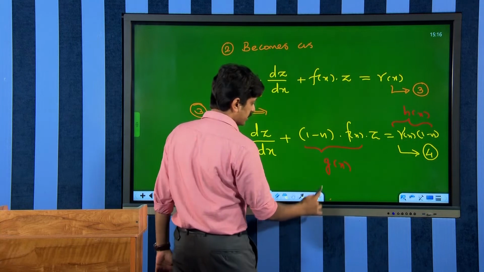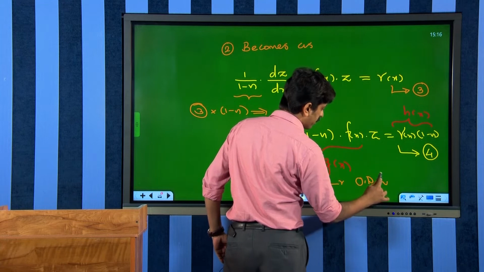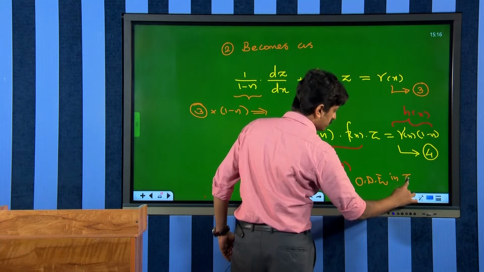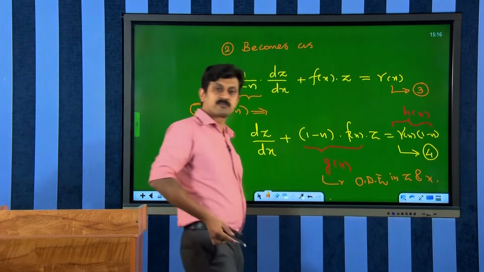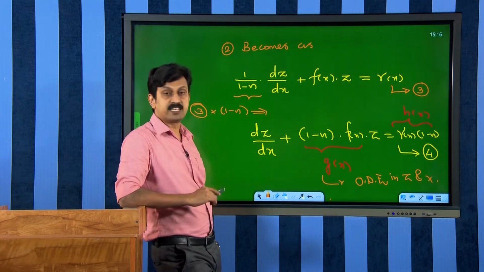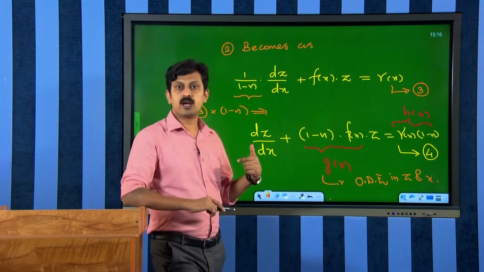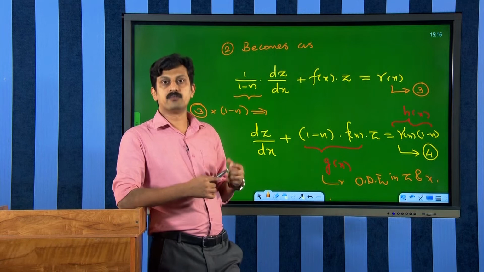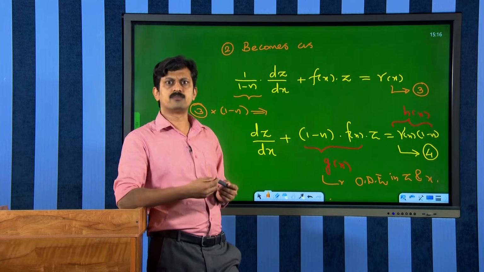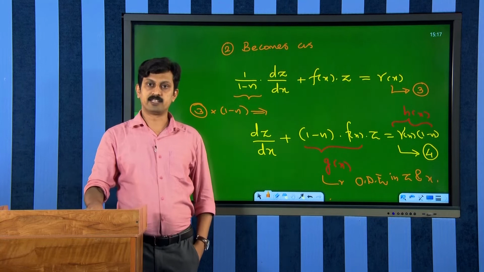So, we can say that this is a first order linear ordinary differential equation in z and x. We can solve this equation as we have done before. We just discussed two methods to solve a linear differential equation: one is the normal method, another one is the method of variation of parameters. Either method we can use, and you will get a solution in z and x.